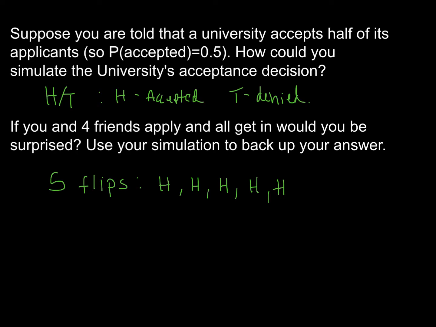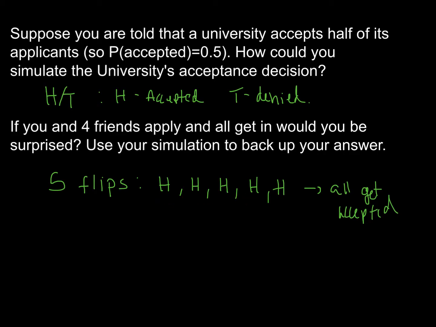This is where all get accepted. And so the question is, should I be surprised to get 5 heads in a row? As a whole class, we're going to see how long it takes us to get 5 straight heads in a row.